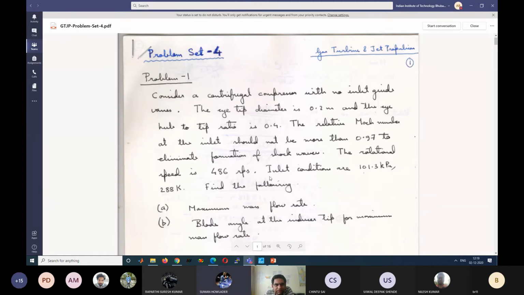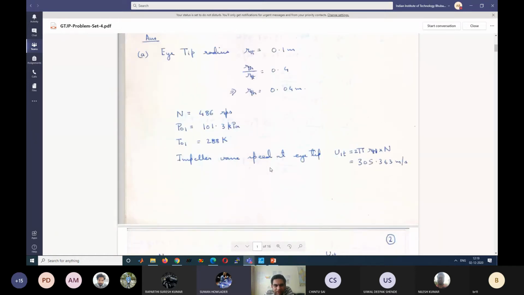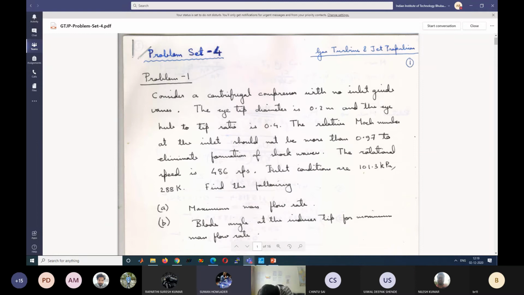Sir, the mass flow rate at the inlet and outlet of the stages is constant. So if we know the last stage tip and root diameter also, then we can find the density from that relation. It should be possible, yes. But in the actual case, it will be opposite.